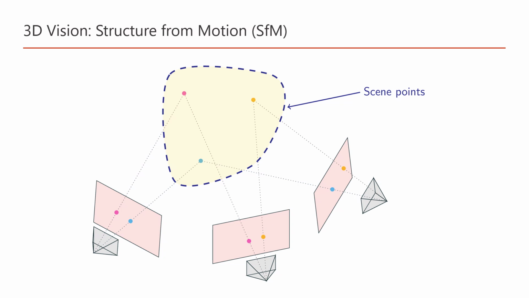And finally, we have these 3-dimensional points that we don't know from the start, because we only have access to the flattened projected 2D points in each image. But this we want to determine as well. So we want to find the 3D scene points, and we want to find the camera positions and orientations. And if we manage to do this, we have solved the problem of structure from motion.